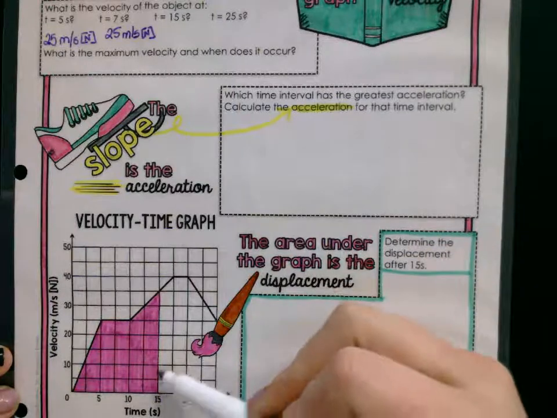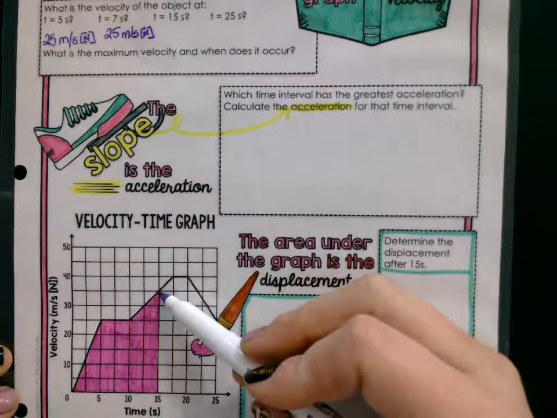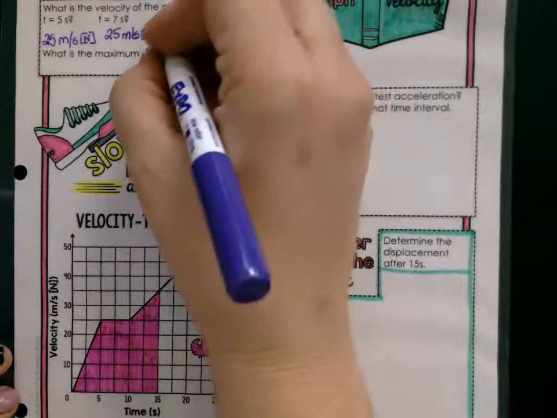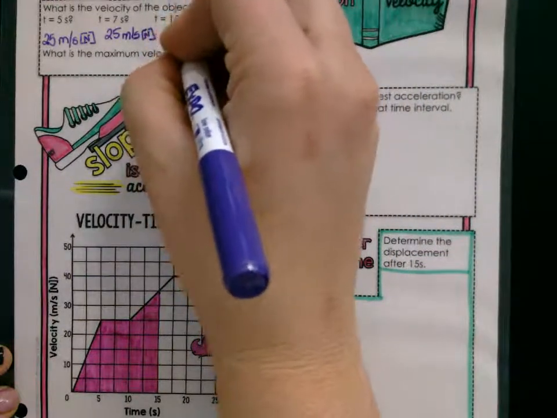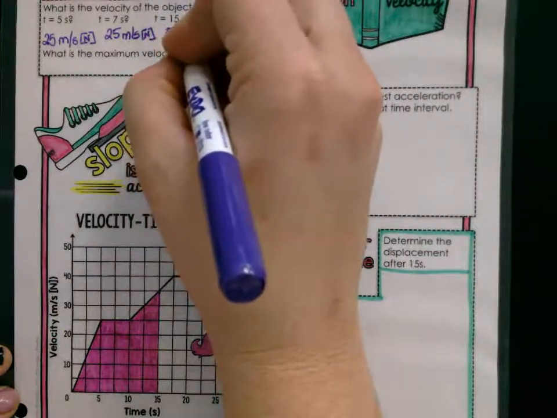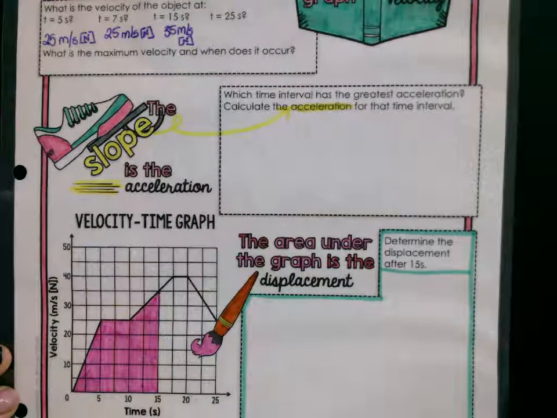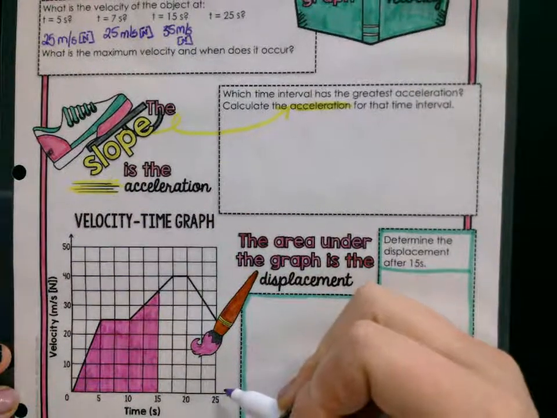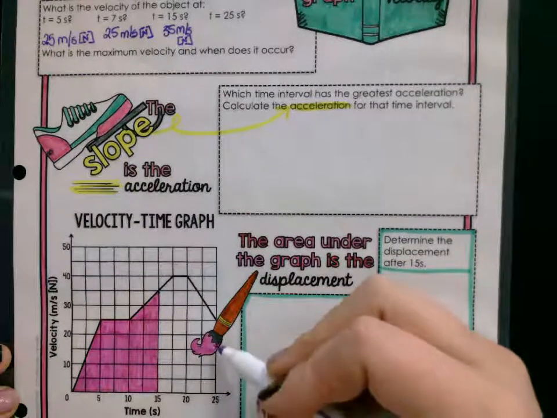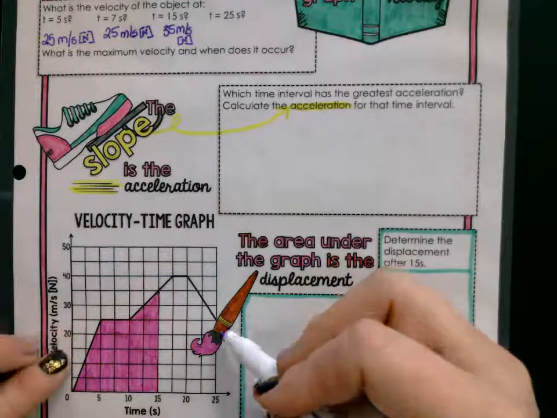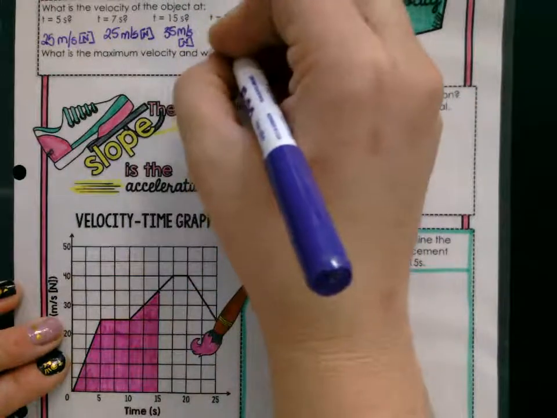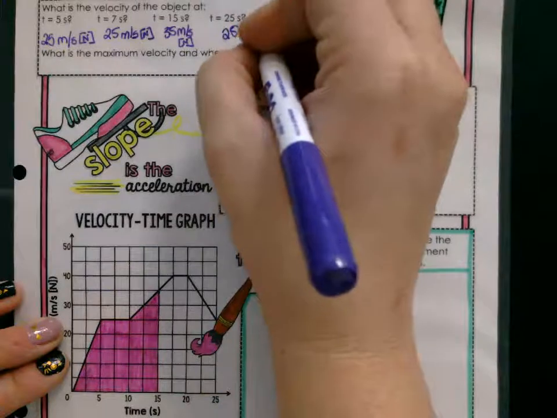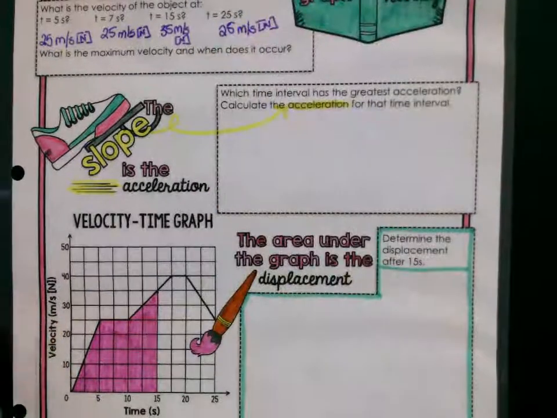When the time is 15, the velocity has increased. Our velocity is now 35 meters per second north. And at 25 seconds, we're going to go back up, and our velocity is again 25 meters per second north.